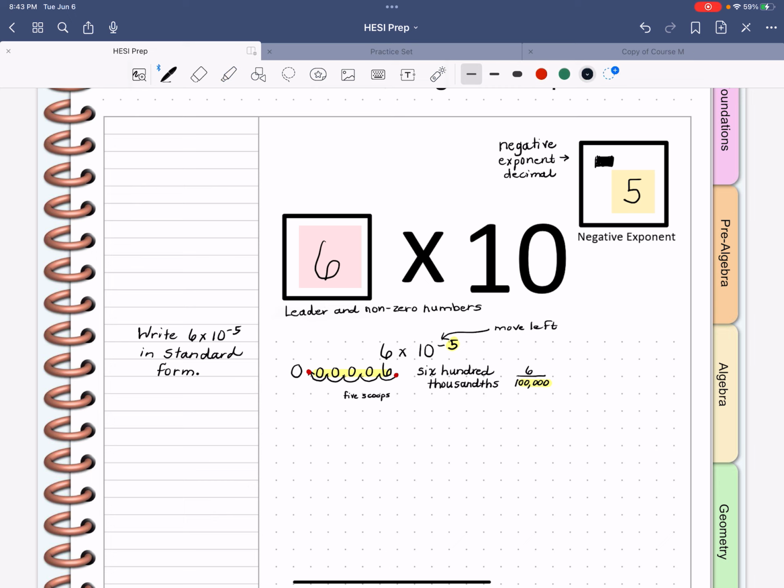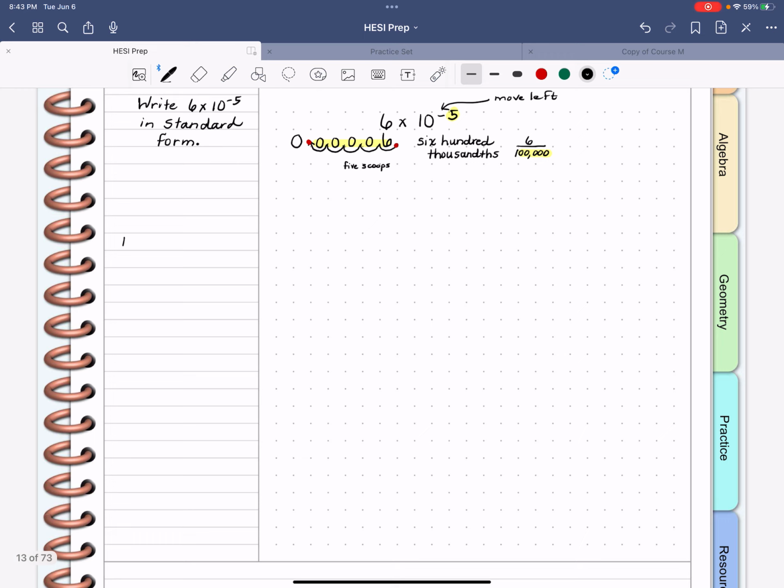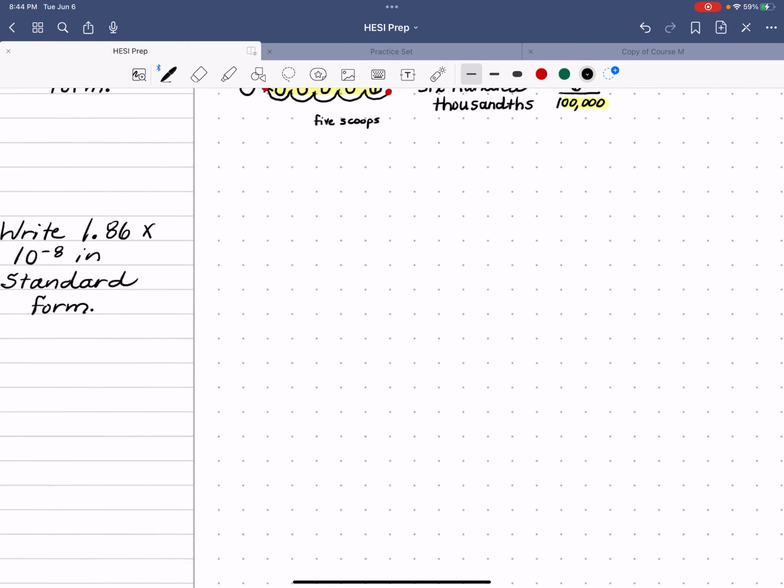Okay, let's try the next one. Let's talk through it. The example says to write 1.86 times 10 to the negative 8 in standard form. Okay, so let's go back to the anchor.